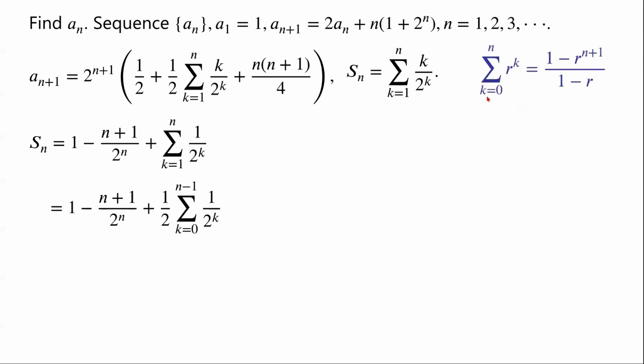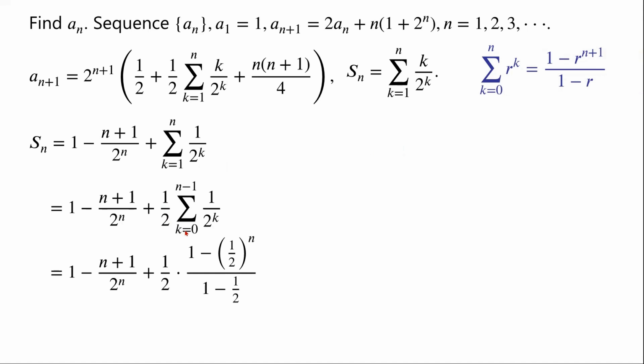We know that sigma k equals 0 to n of r to the power of k equals (1 minus r to the power of n plus 1) over (1 minus r).